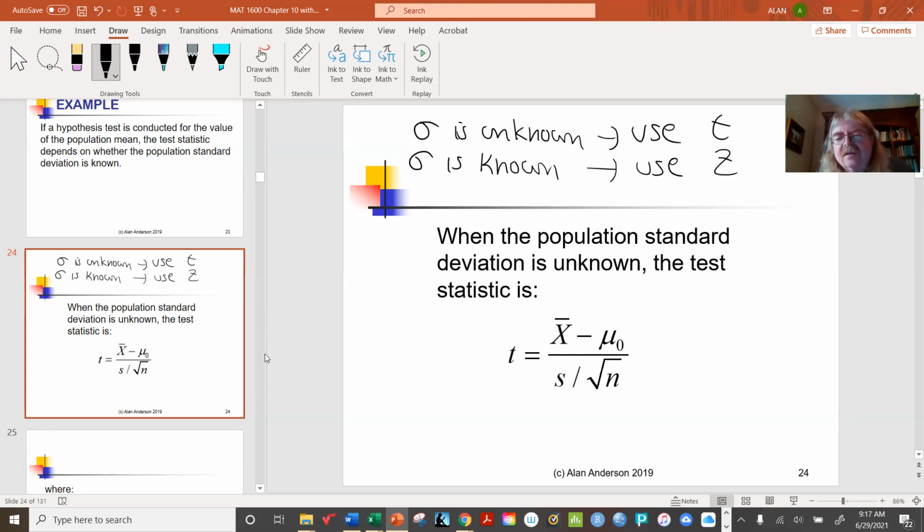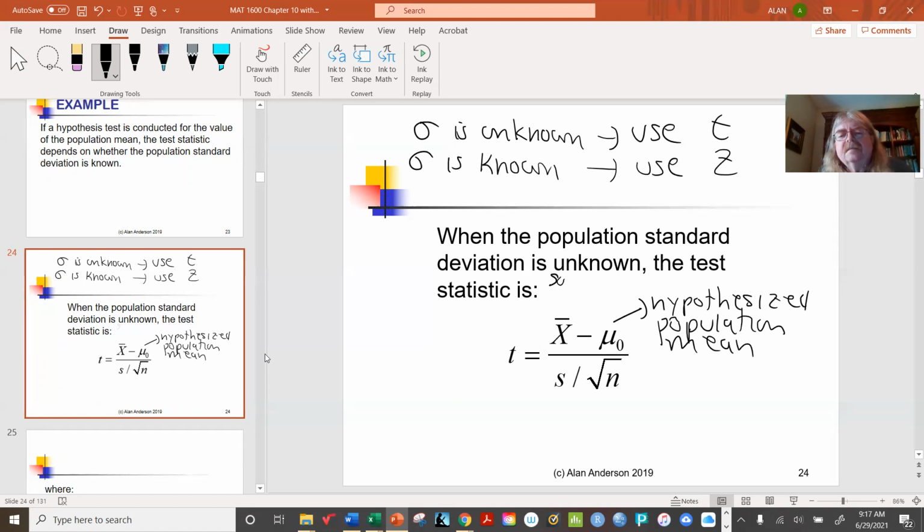So if you look at this value, the purpose of this calculation, would you recognize all these terms? This is the hypothesized population mean. You can tell by that little zero there. X bar is clearly the sample mean. Now, this is our sample standard deviation, of course.